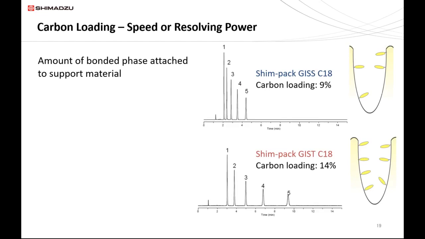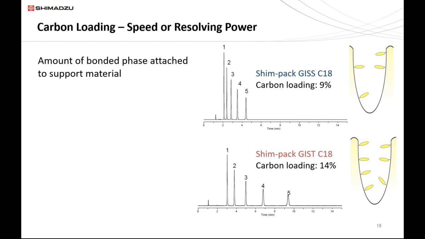If we look at the chromatogram over here, a low carbon loading column such as the Shimpact GISS C18 column would have a lower retentivity as seen in the shorter retention time. This is because there are fewer C18 groups for the analytes to interact with as compared to a higher carbon loading column such as the Shimpact GIST C18 column.